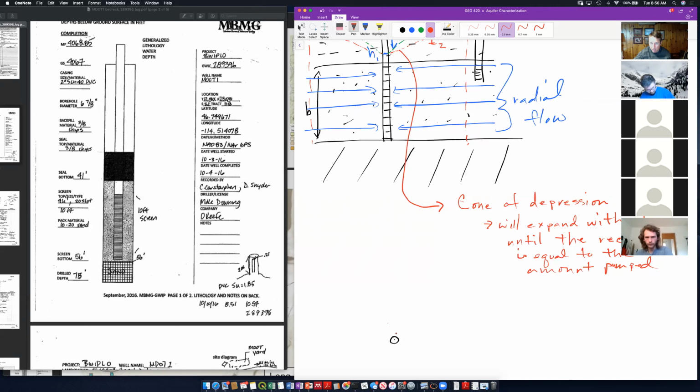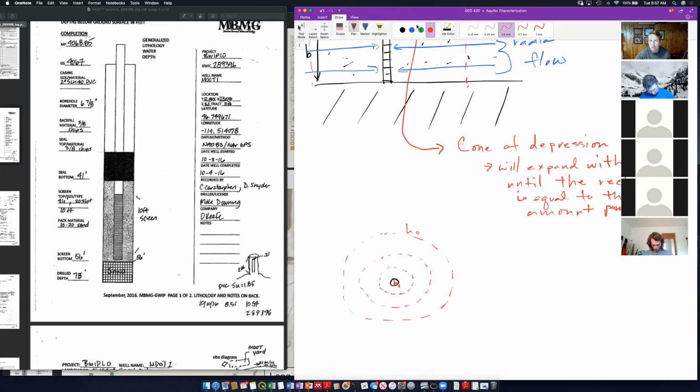So at my well, I'm at H1, right? And then I've got radial head contours that, if I was a good artist, would be perfect circles around my well. And this final contour here would be H naught, all right?